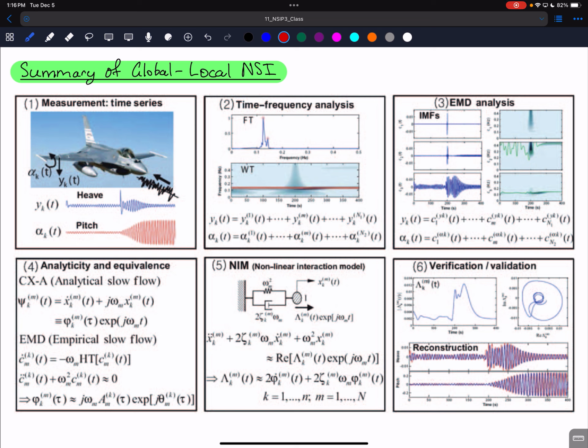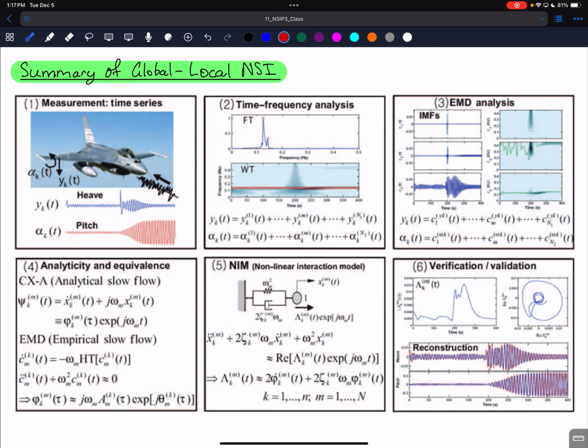You then do the analytical equivalence with the empirical and analytical slow flow models. You produce one using CXA, which gives you the analytical slow flow, and one using the empirical mode decomposition, which gives the empirical slow flow. You then build a nonlinear interaction model, which is exactly what we just did with these IMOs. Lastly, we do a verification and validation and show that we can reconstruct the response using these types of oscillators.